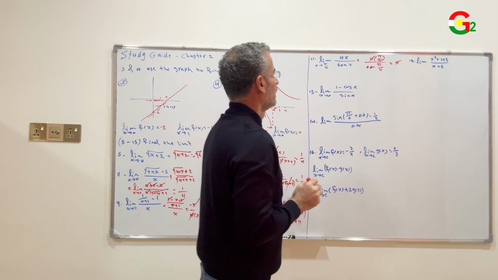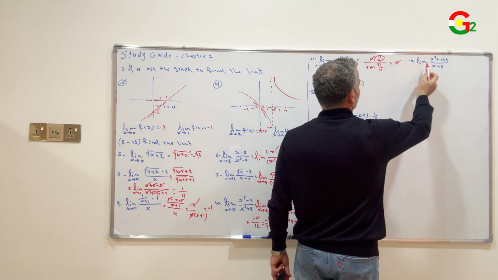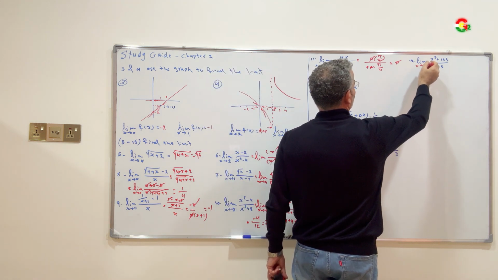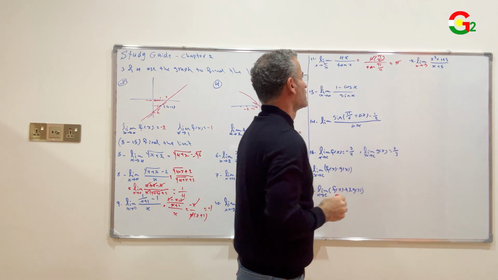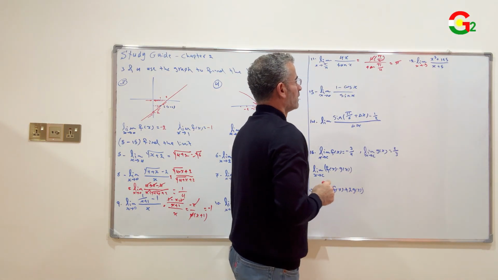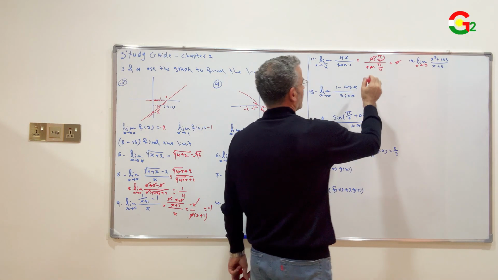Number 12, limit as x approaches negative 5 for this function. Negative 5 is not within the domain.